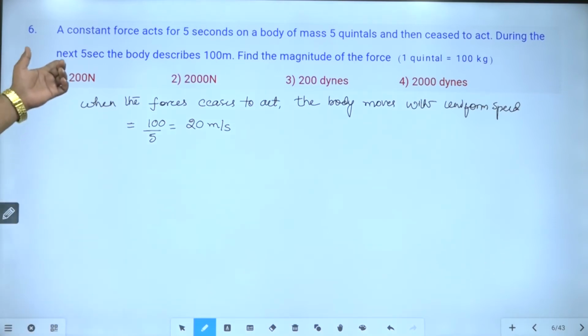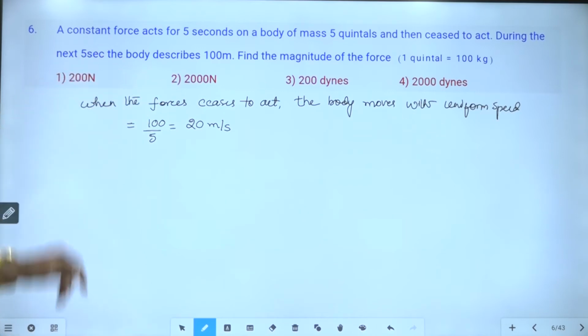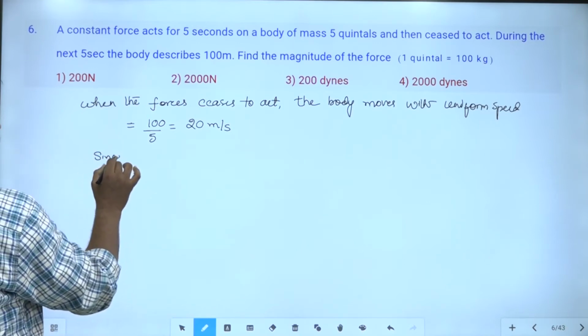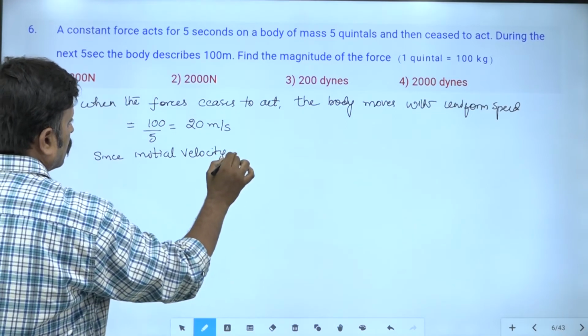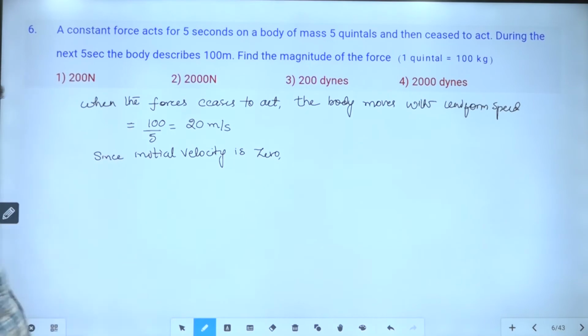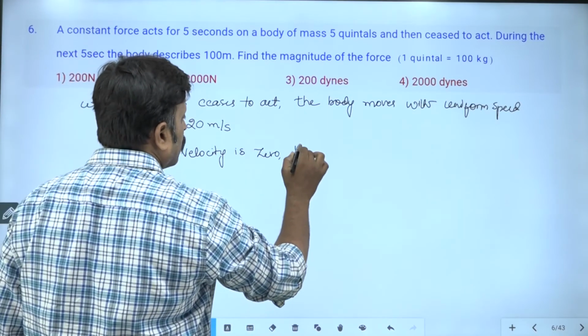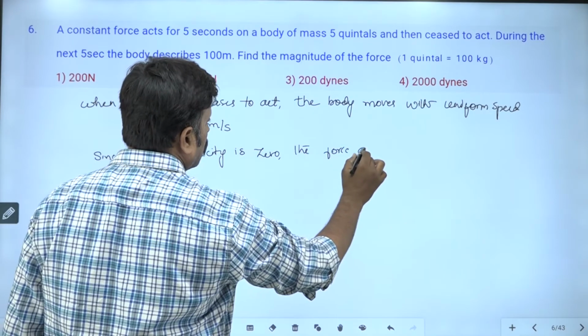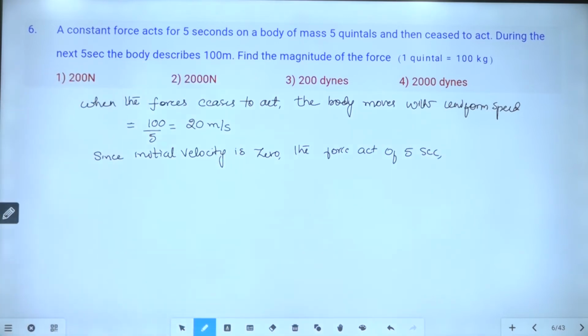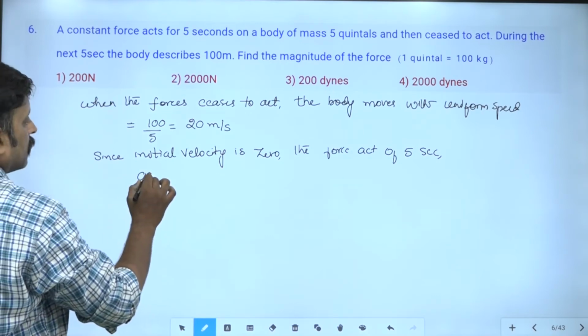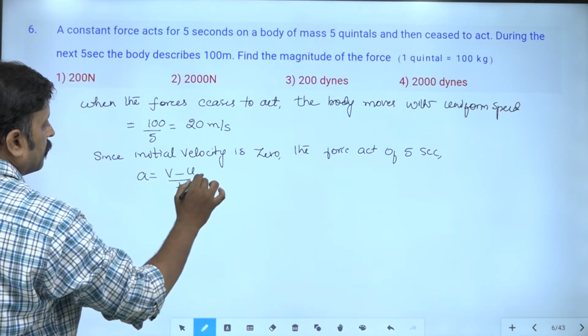Now, since the initial velocity is 0, and the force acts for the first 5 seconds, the acceleration produced is given by a is equal to v minus u by t, change in velocity by time.